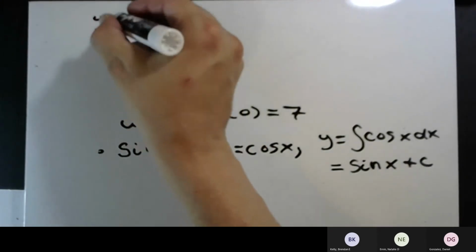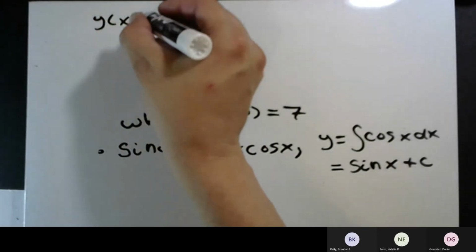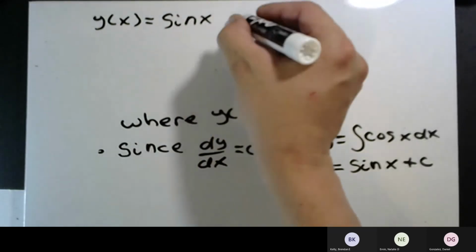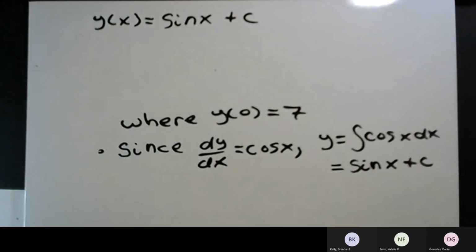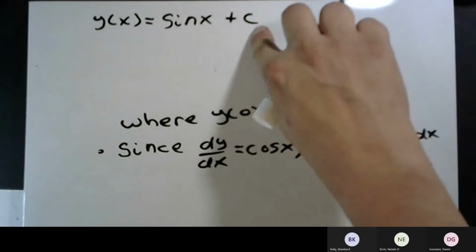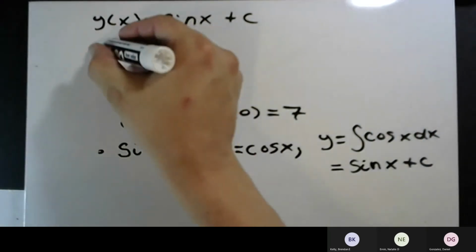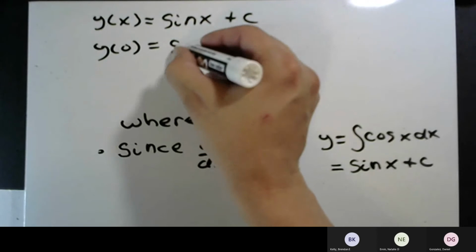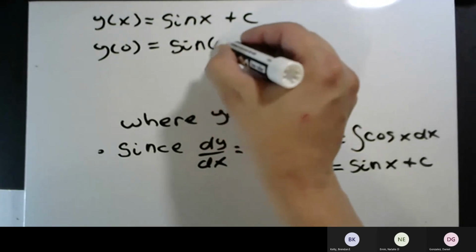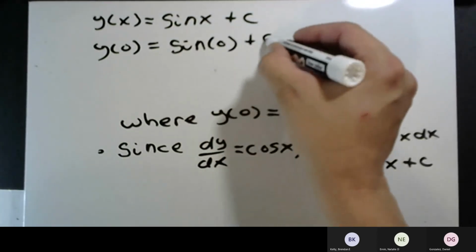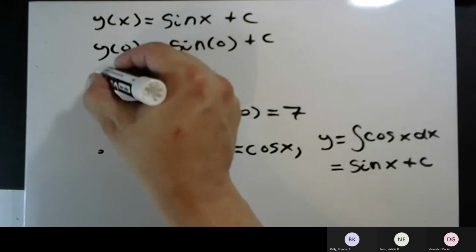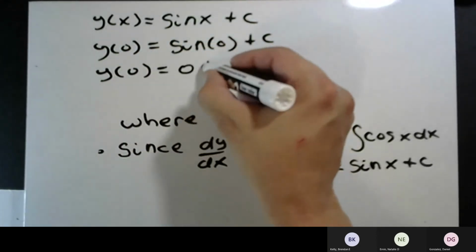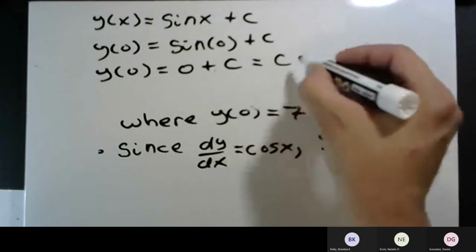Now, we have that y of x equals sine x plus c. But we want to find out what c is. So y of 0 is sine of 0 plus c, or y of 0 is 0 plus c, which is equal to c.